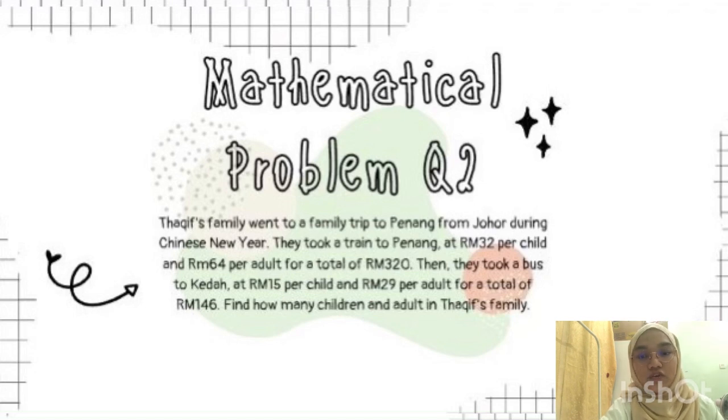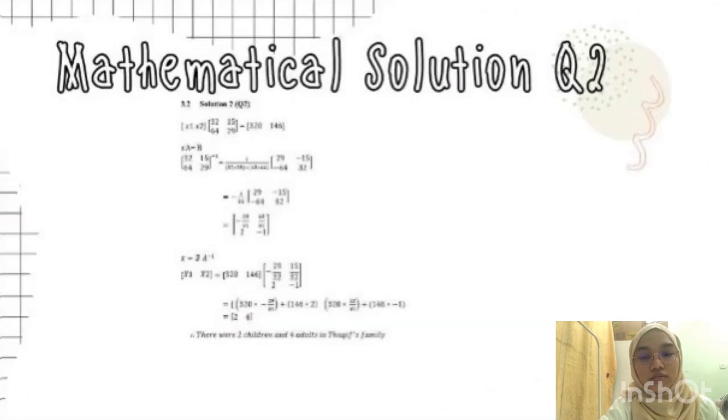Okay, for the solution, we use the inverse matrix. We also use 2 times 2 matrix multiplication for the ticket price and total. For XA equal to B, we need to inverse the ticket price matrix first, which is a 2 times 2 matrix.